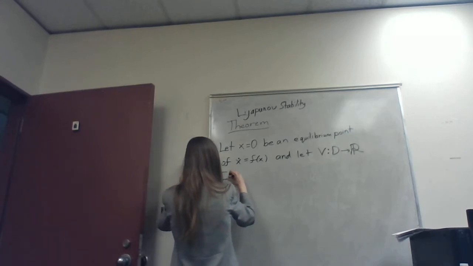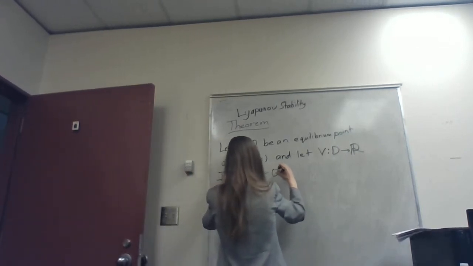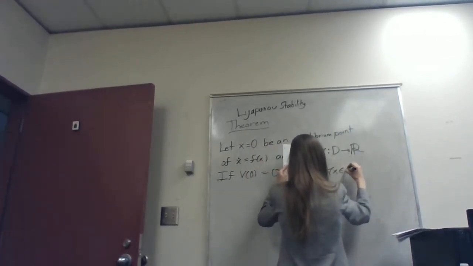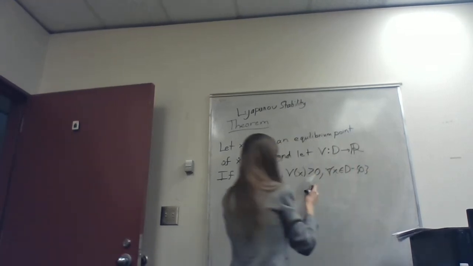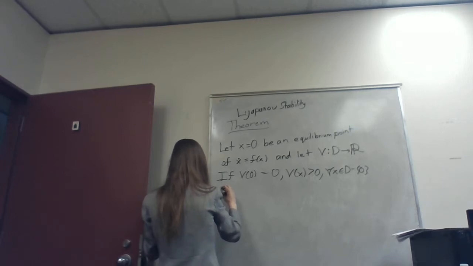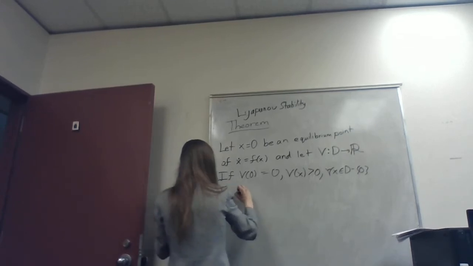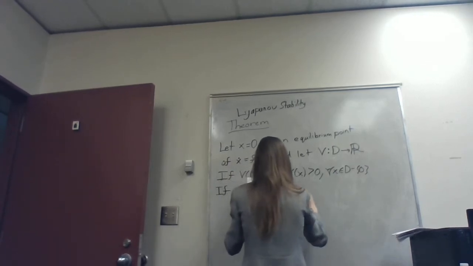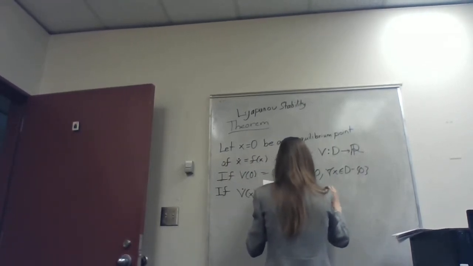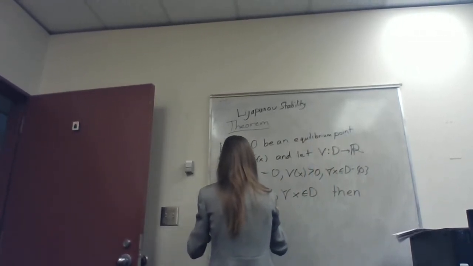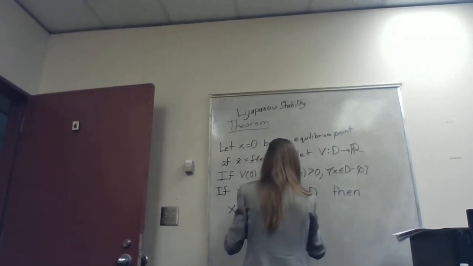So if V of 0 is equal to 0, and V of x is greater than 0 for all x contained in D but not including 0. If V dot of x is less than or equal to 0 for all x contained in D, then x equals 0 is stable in the epsilon delta sense.